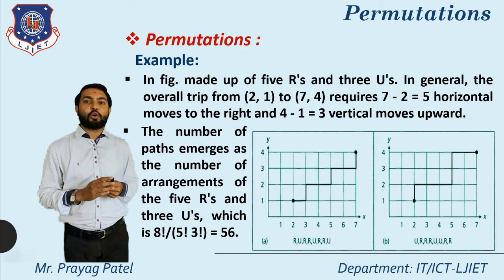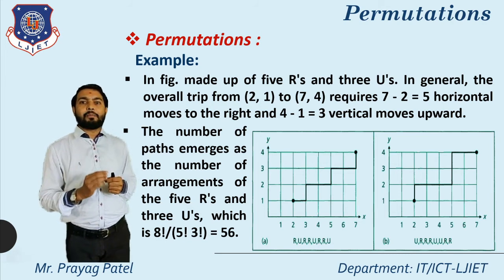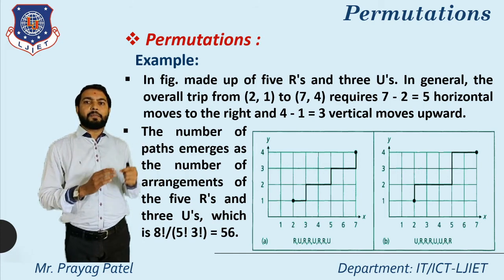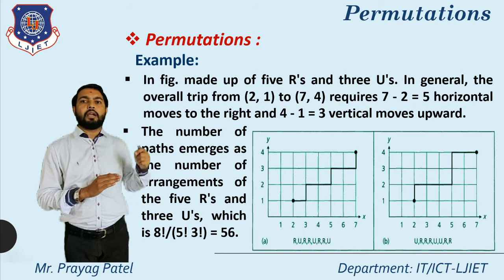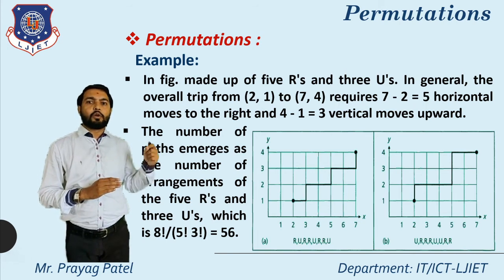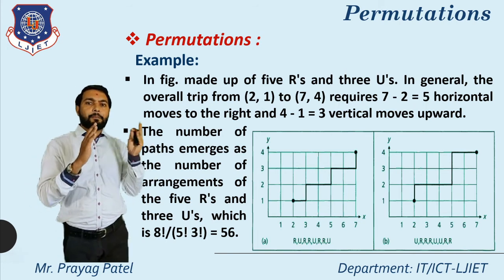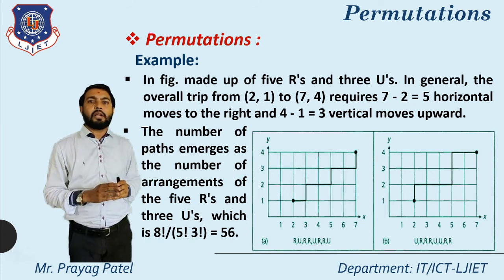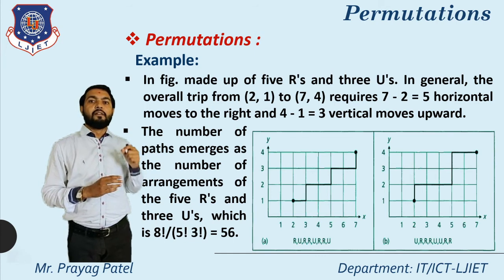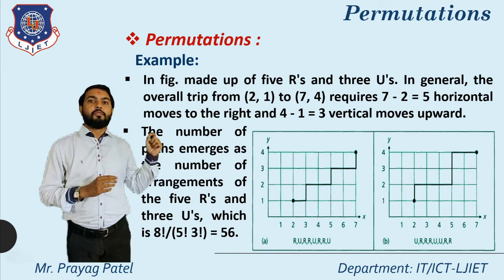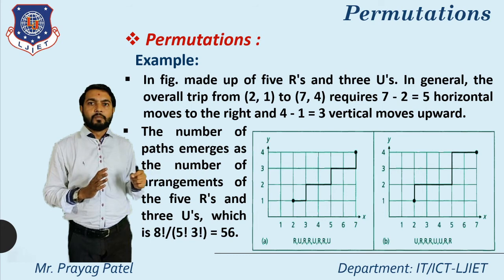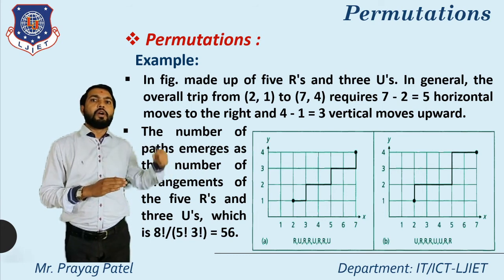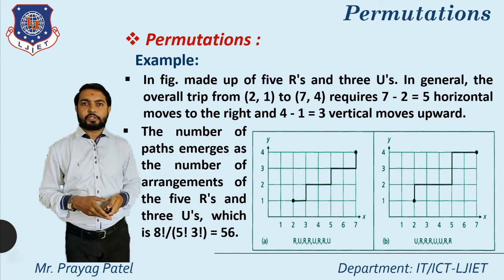Now how many times is each character repeated? R is repeated 5 times, U is repeated 3 times. That means 8 factorial divided by 5 factorial into 3 factorial is equal to 56. That means a total of 56 arrangements are possible. There are 56 different ways of moving from location (2, 1) to (7, 4).